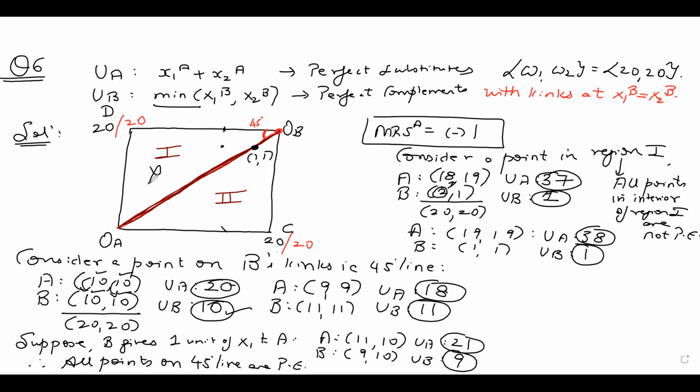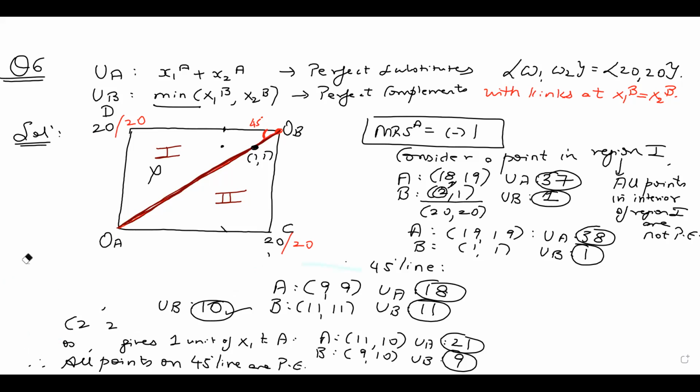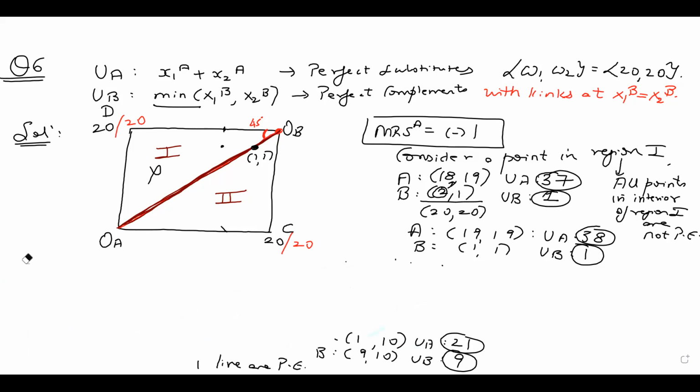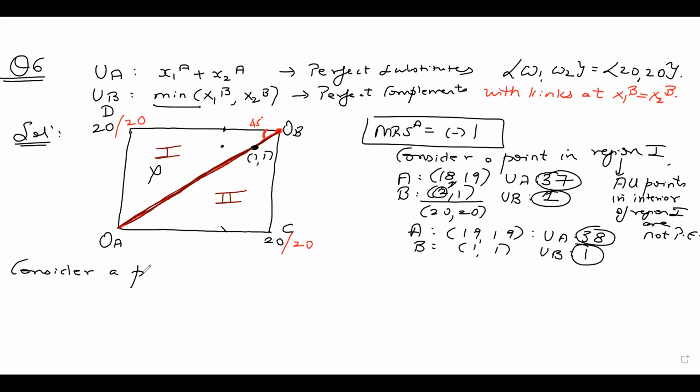Similarly, guys, we can take a point in the interior of region 2. So I erase this particular part off. So a point, so this is 1 comma 1 from B's origin.